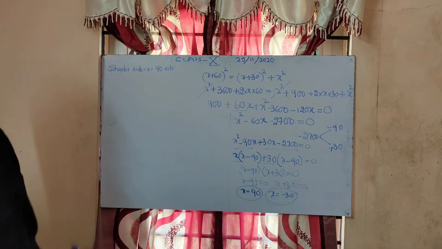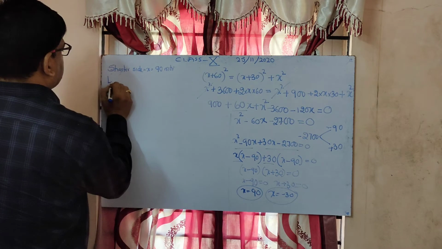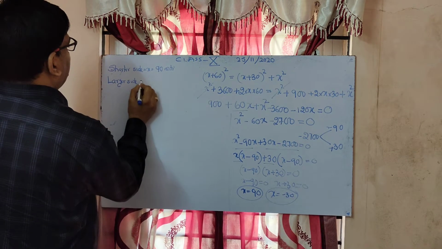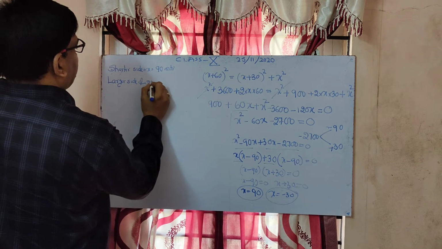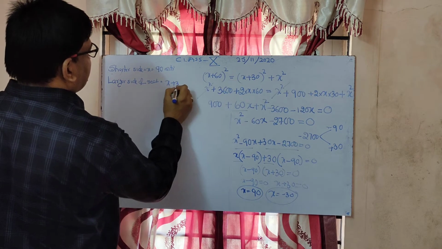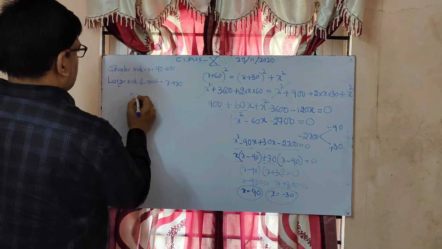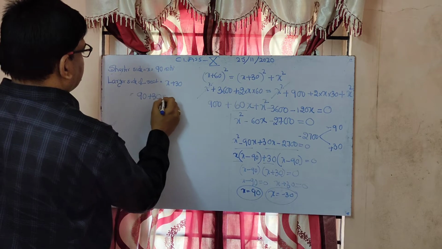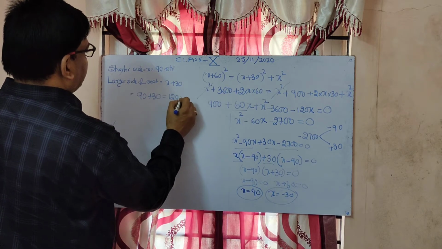Now what is the larger side? Larger side of the rectangle, what is that? x plus 30, isn't it? So x, how much is it? 90 plus 30 is how much? 120 meters.